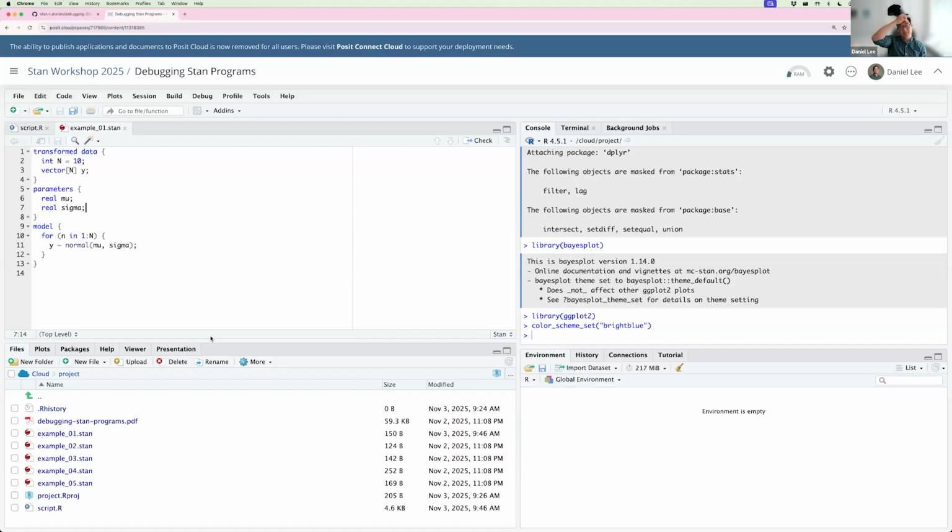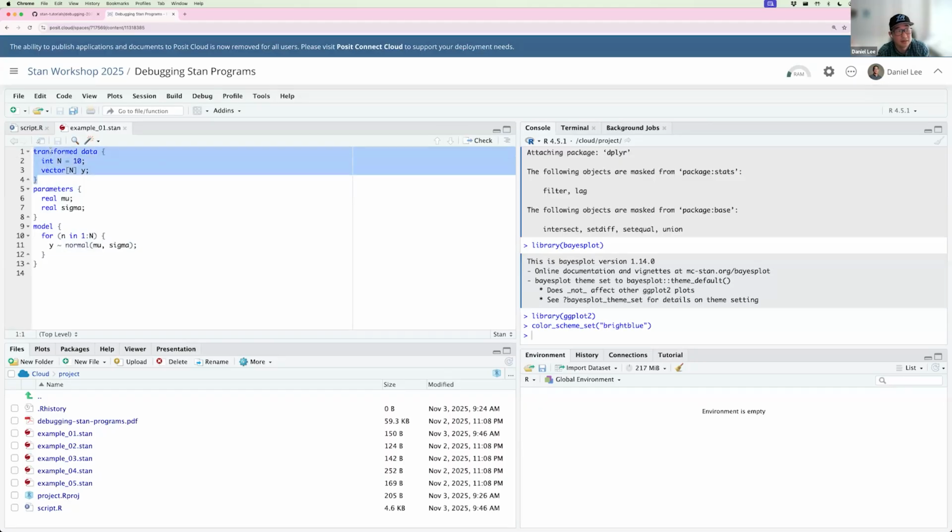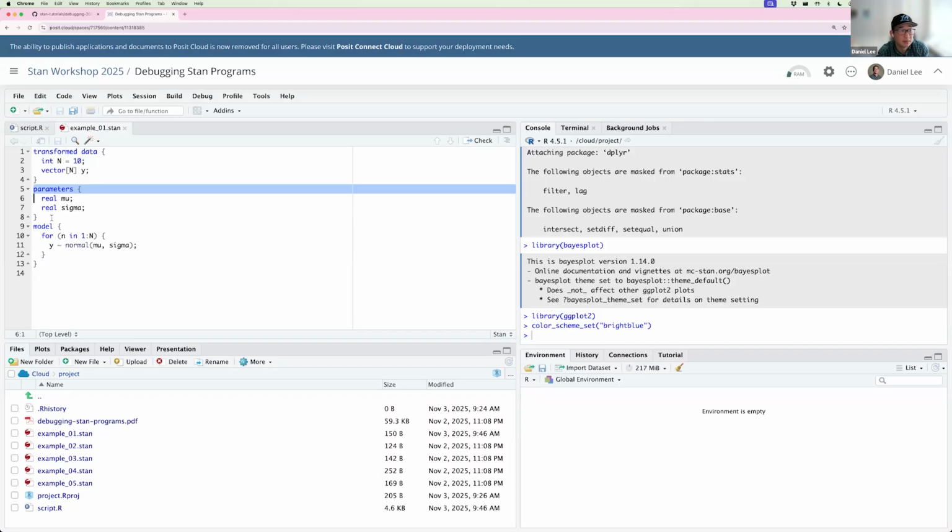I'm sure it's a bit of a pain flipping back and forth between my screen and what you're looking at. But if you take a look at example 01.stan, it's a 13-line program. There are blocks: transformed data, parameters, and model.